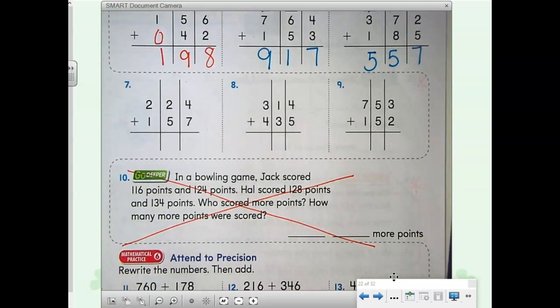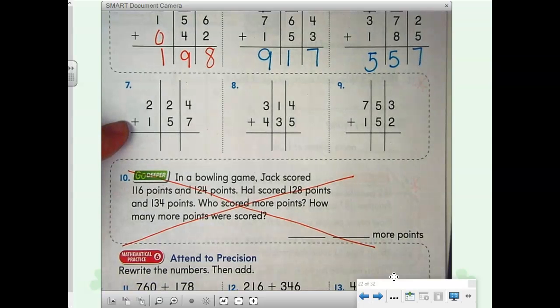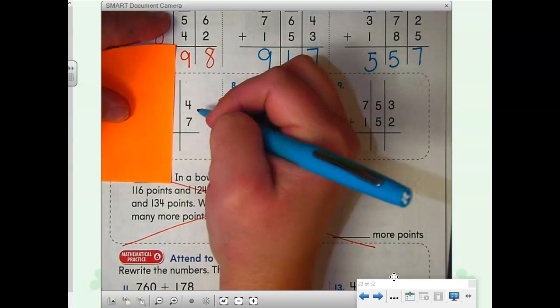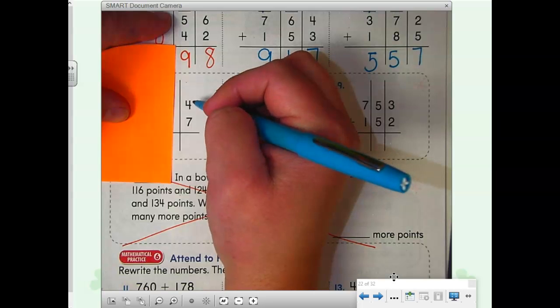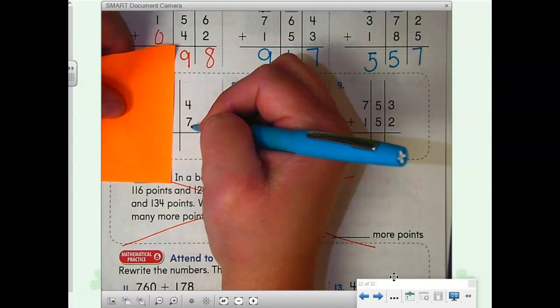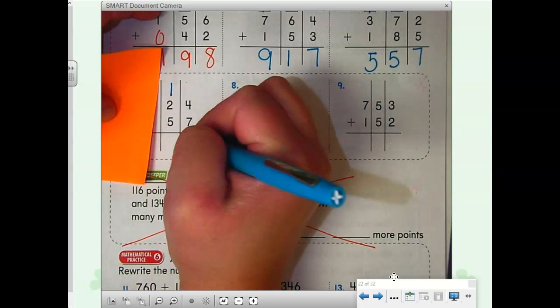All right, number 7. 224 plus 157. Start with your ones. 4 plus 7 equals 11. 11 is 10 and 1.